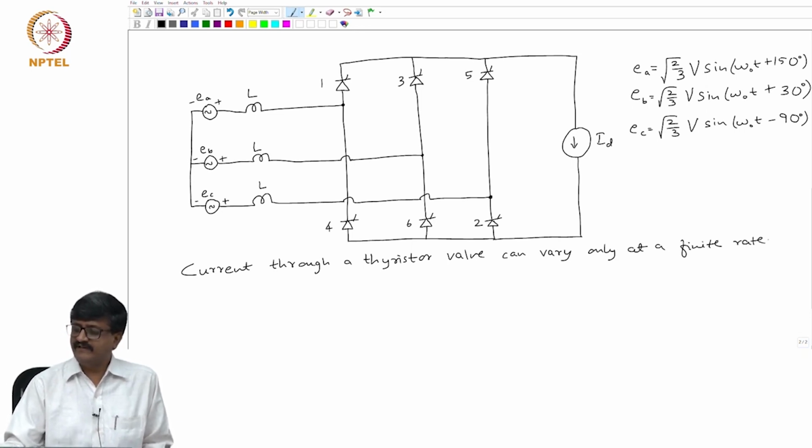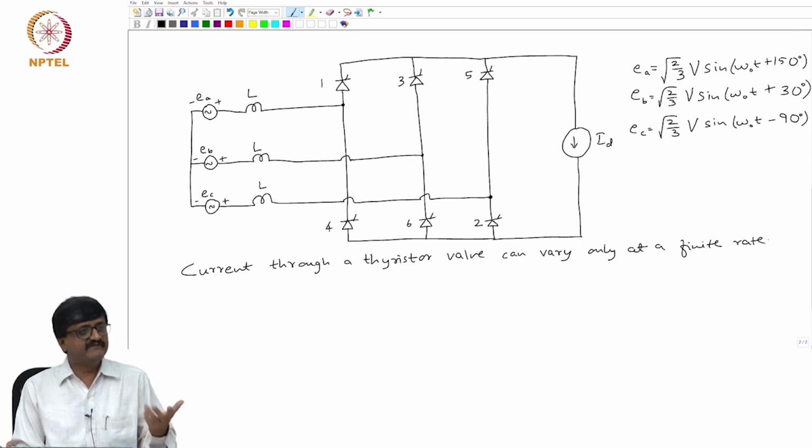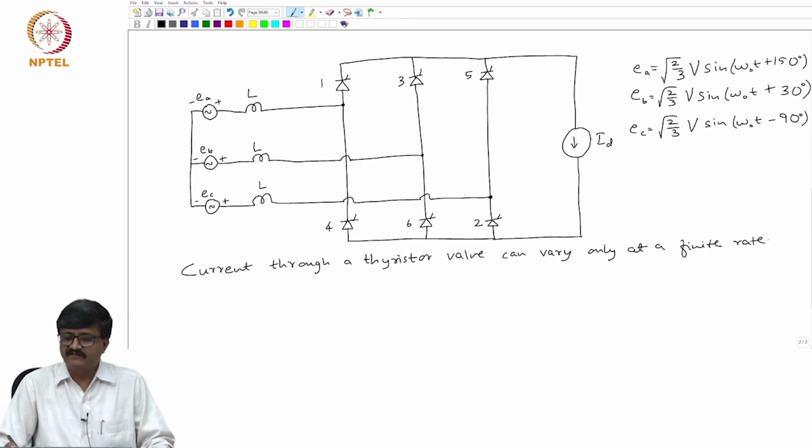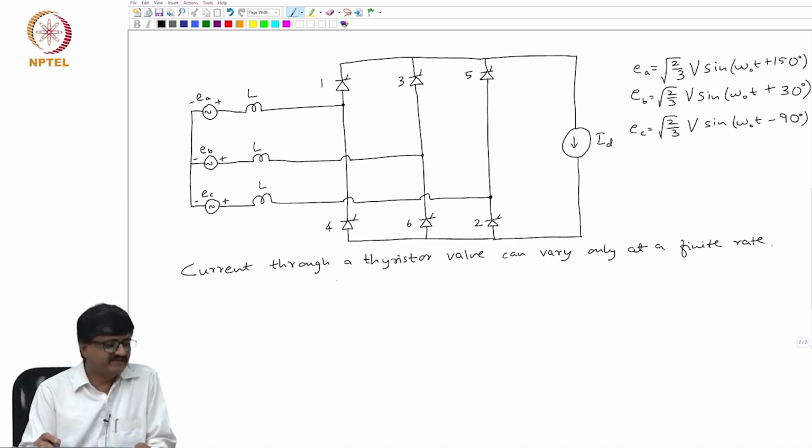That means if you take the rate of change of current with respect to time, in the previous case it was infinite. The discontinuity in the current means the rate of change is infinite. Now, that is not possible with a non-zero value of the inductance.